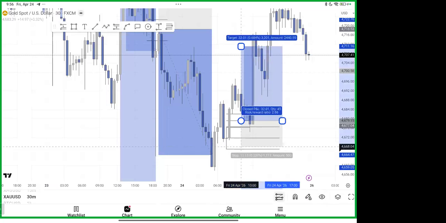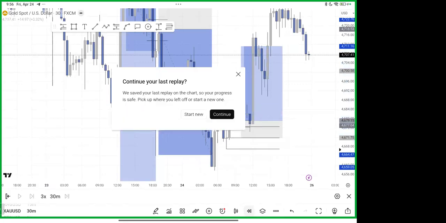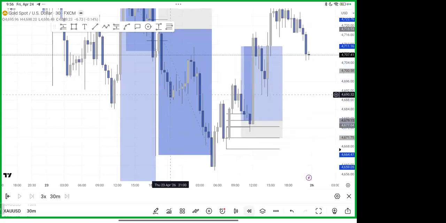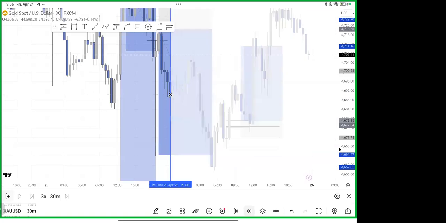So what was the TP before? The risk to reward was around 2.64 before. But the moment we did that, we got 4.3 risk to reward. So now our risk to reward has been increased. And that's the whole point of stop loss and entry refinement.